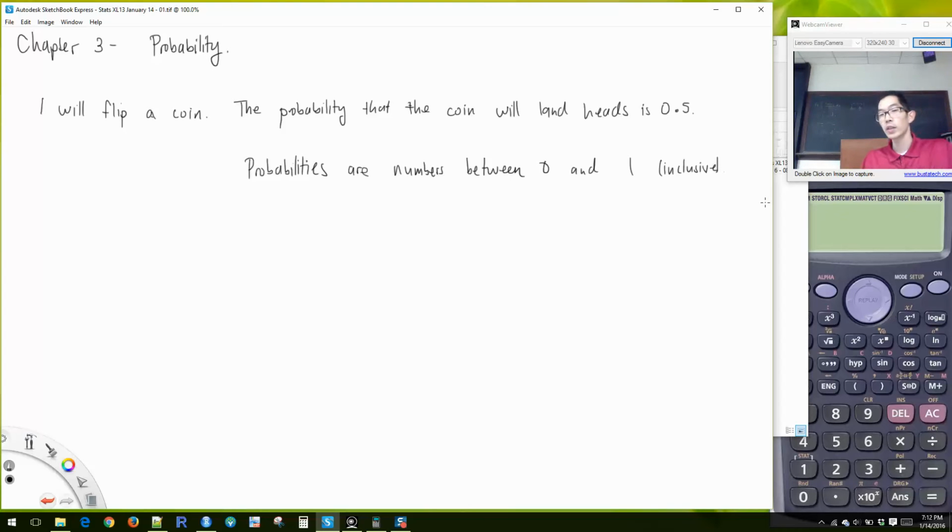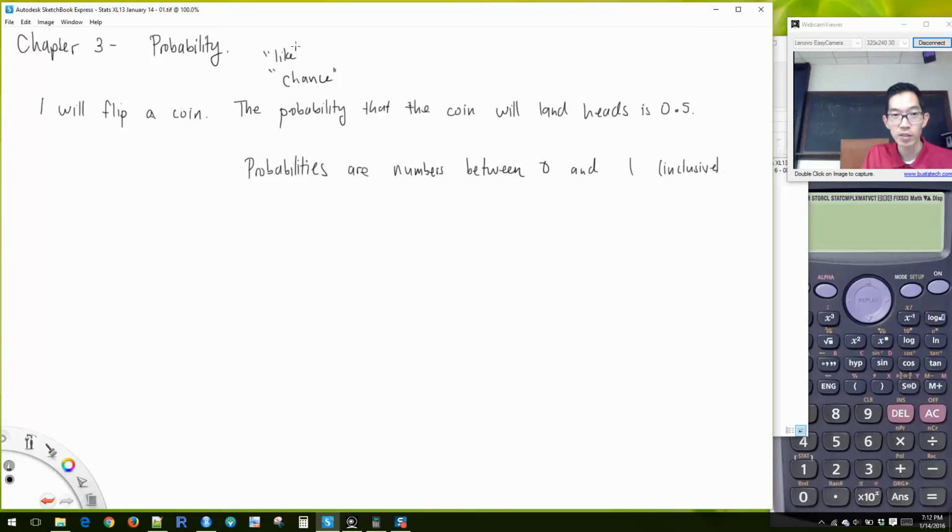Okay, and I think we're very familiar with the idea that if I were to flip a coin, the probability that it lands heads is 0.5. And if I were to press you, what does it mean for us to say that the probability that the coin will land heads is 0.5? We might throw in other words like the chance that the coin will land heads is 0.5, or we might say the likelihood.